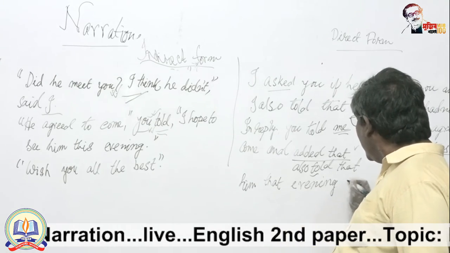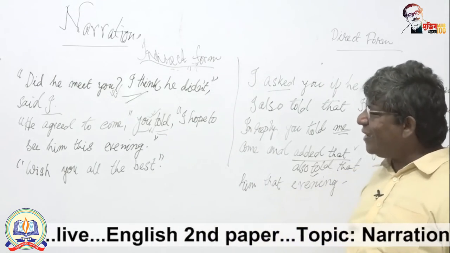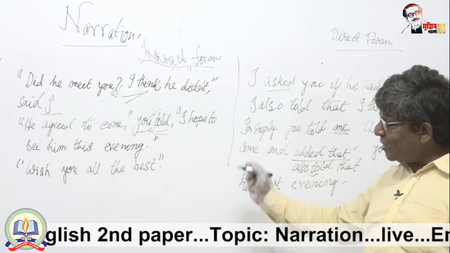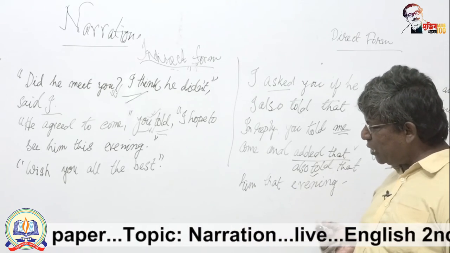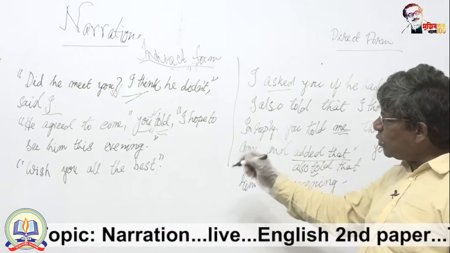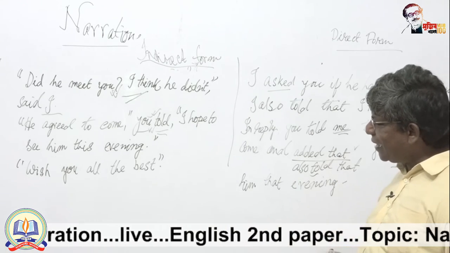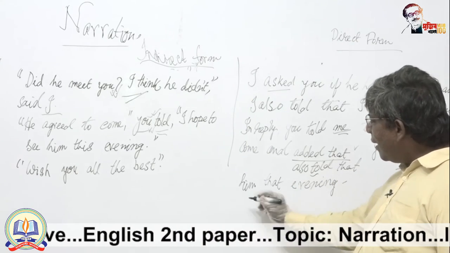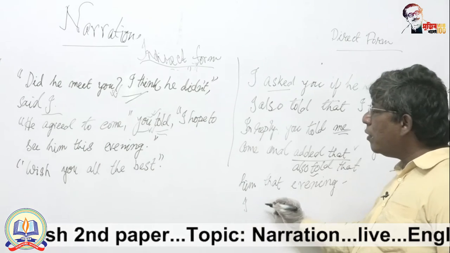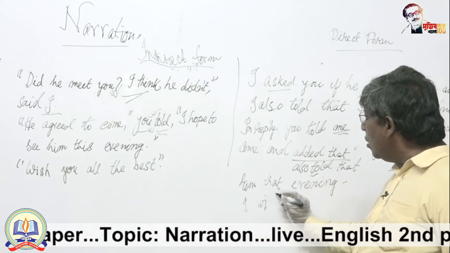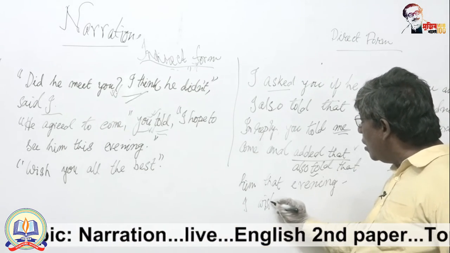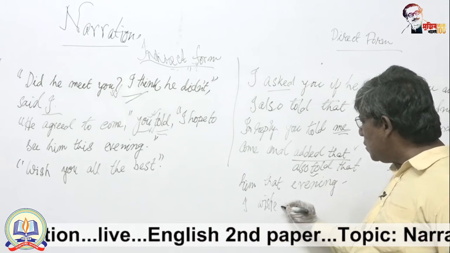And in a following line, not in a following sentence, in a following line, we have the speech of another one, that is, we have the speech of the first speaker, I. I wished. For wish, we can use wished.